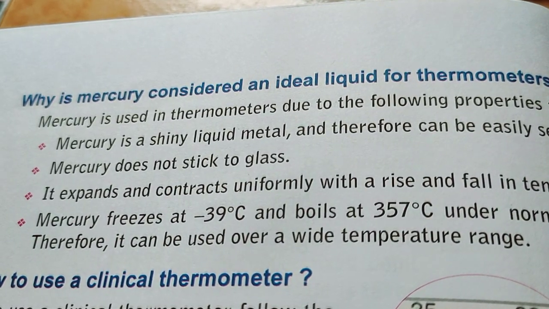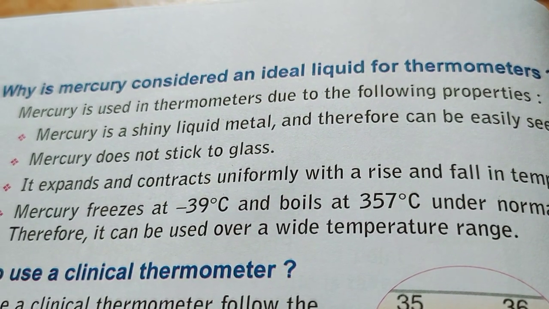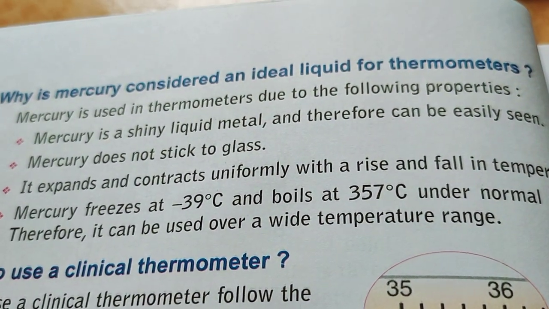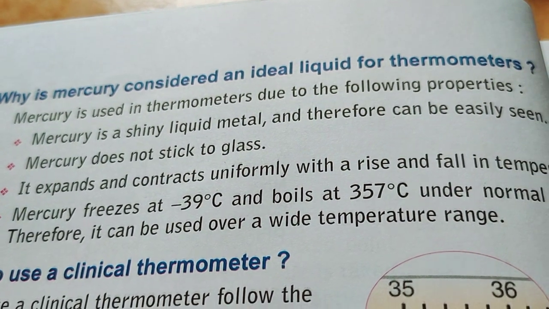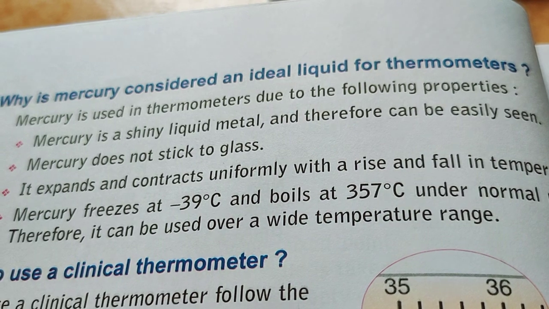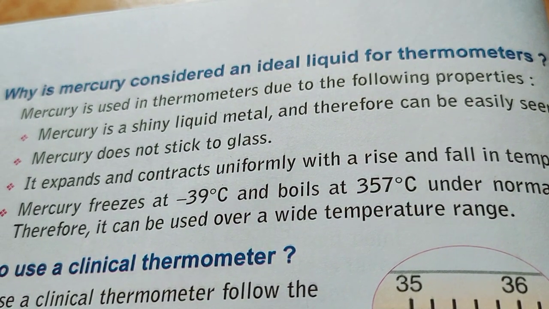Now we will see why mercury is considered an ideal liquid for thermometers. Mercury is used in thermometers due to the following reasons. Number one, mercury is a shiny liquid metal and therefore it can be easily seen. Therefore reading becomes easy.